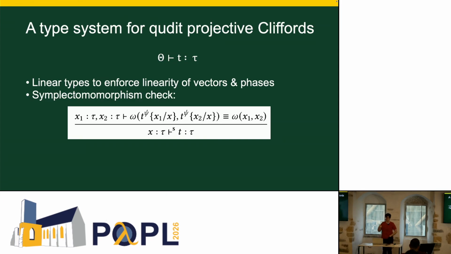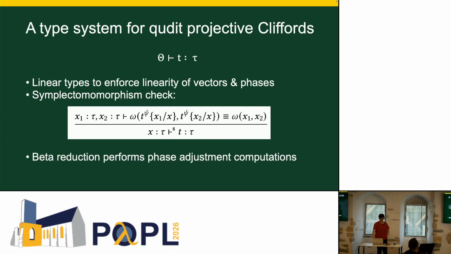Doing that check in practice could involve a special solver using SMT solvers, or hopefully in the future we'll come up with a better algorithm for doing that check, but it does work. And then those phase adjustment computations are all wrapped up in beta reduction. So as the user, you don't have to worry about what that sign is, because that's all going to happen in evaluation.